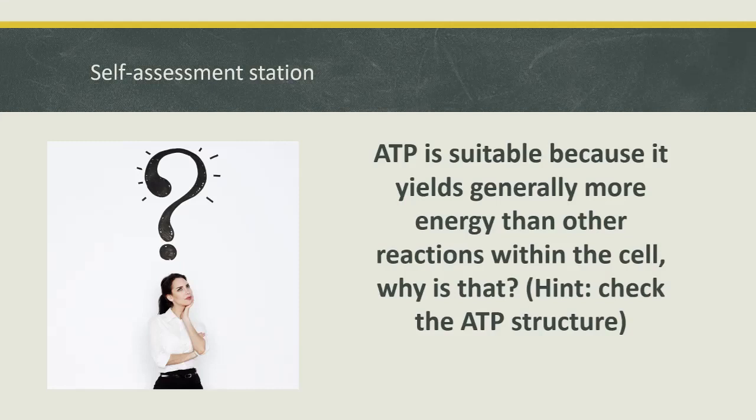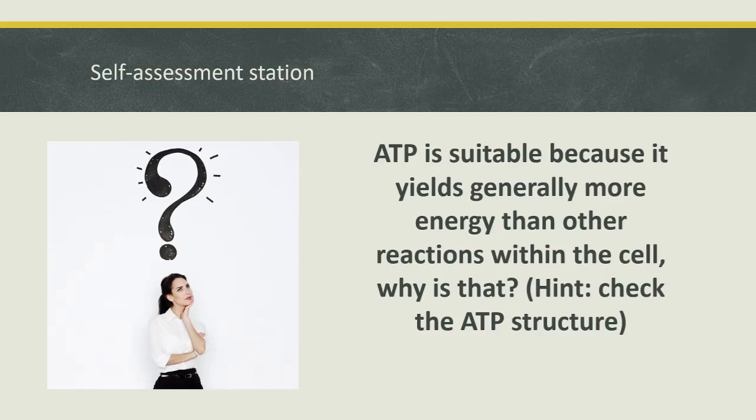Well, let's go over the question. Why does ATP produce such a great amount of energy? If you went over the structure, you noticed something that I also highlighted when I was explaining it: the ATP molecule bears three negative charges, and all of them are really close to each other. That makes ATP a really unstable molecule, and being so unstable implies that the molecule will have more energy.